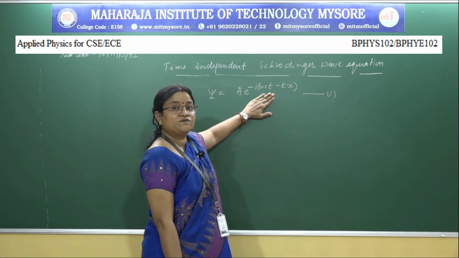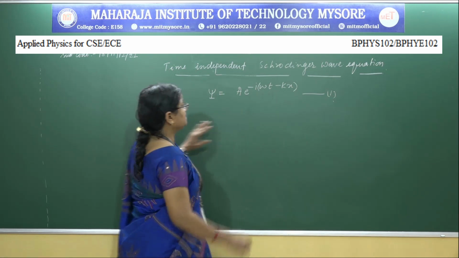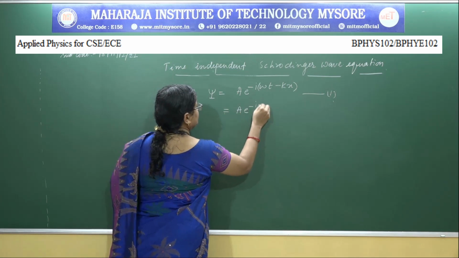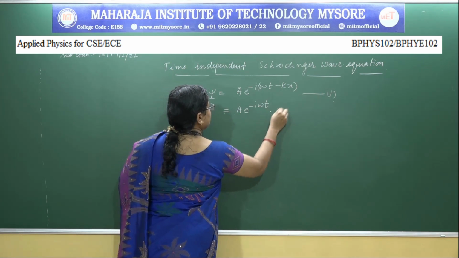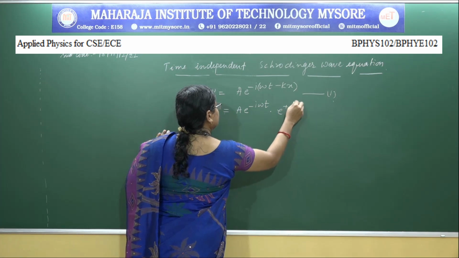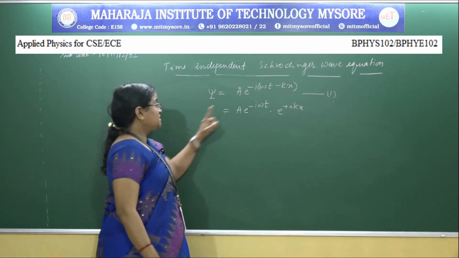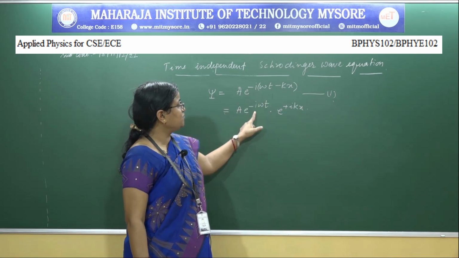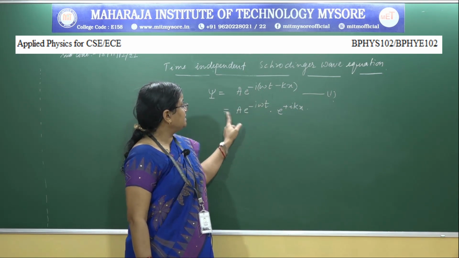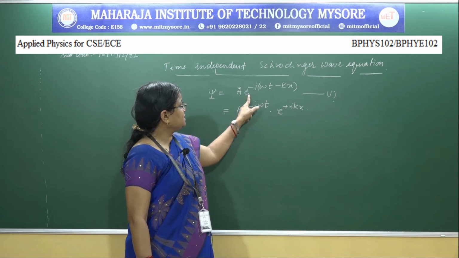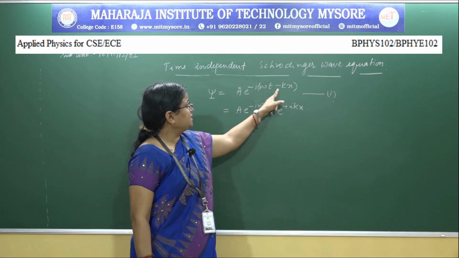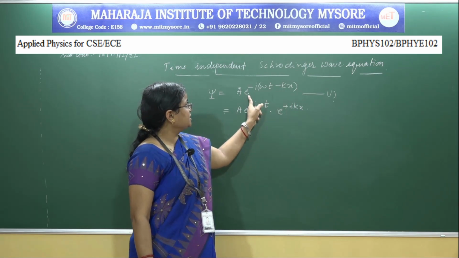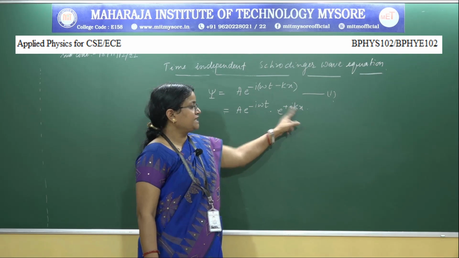We get psi is equal to a exponential of minus i omega t, and exponential of minus i into minus kx, minus minus plus, so you will get exponential of plus i kx.